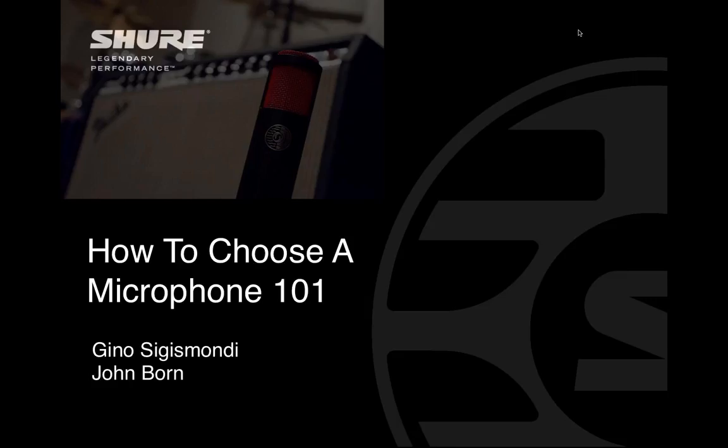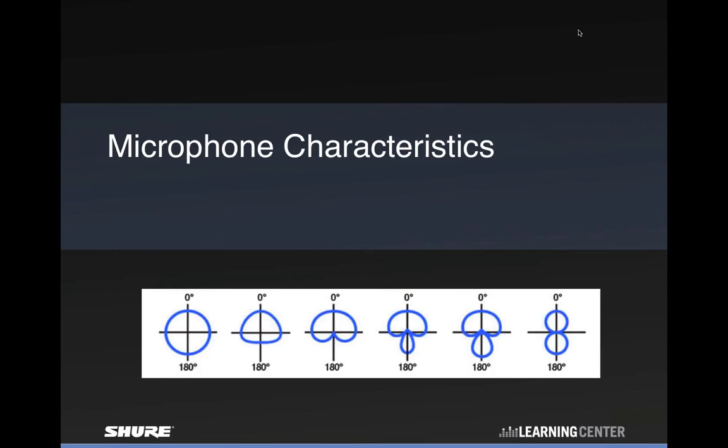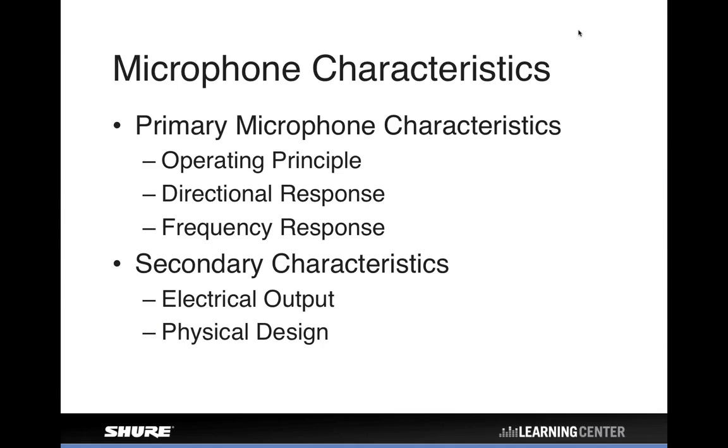There are so many different applications, we couldn't possibly get to them all, but at least you can see the thought process that you go into when looking at mic characteristics and figuring out how those might apply to your individual situation. So with that said, let's talk about microphone characteristics.